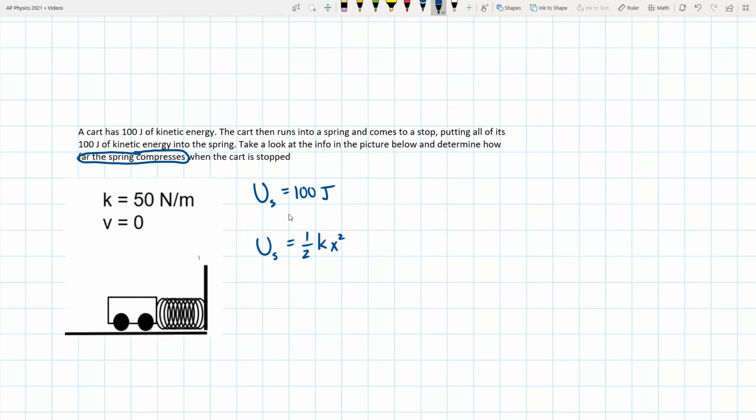So let's go ahead and solve for this x first. I would have the 2, so I can multiply that 2 over. So that's gone. And then I would divide by the k. So that's gone. And then I would square root both sides.